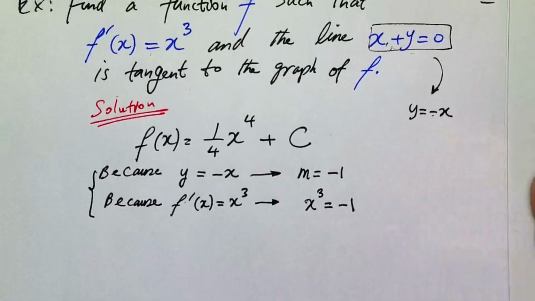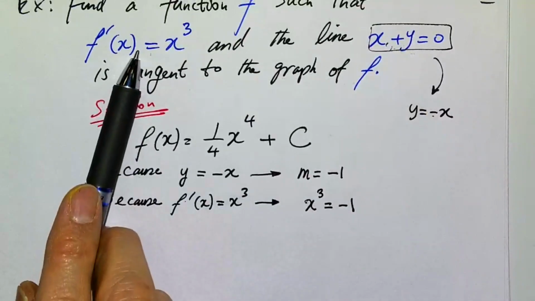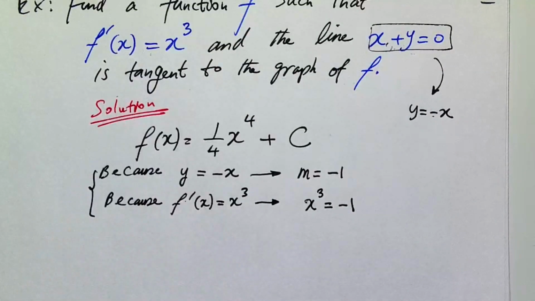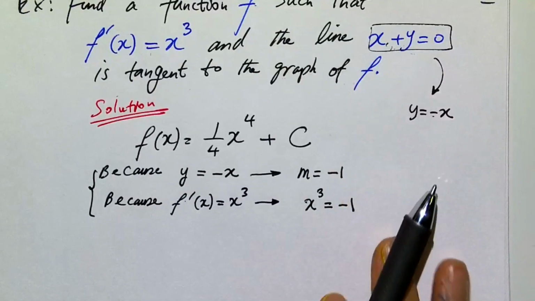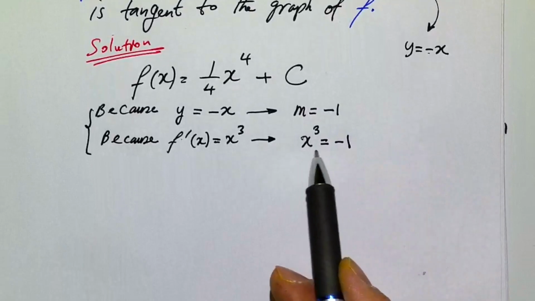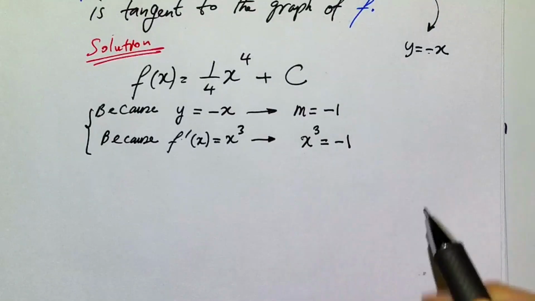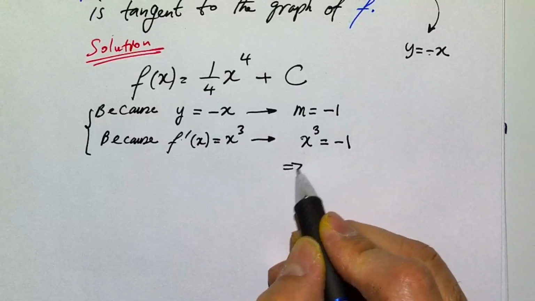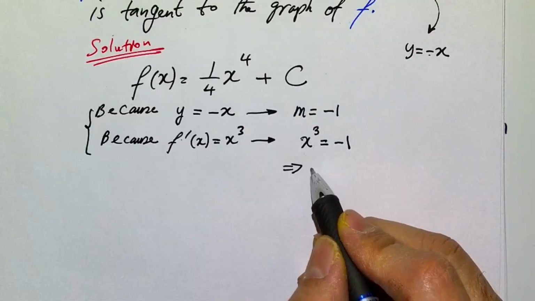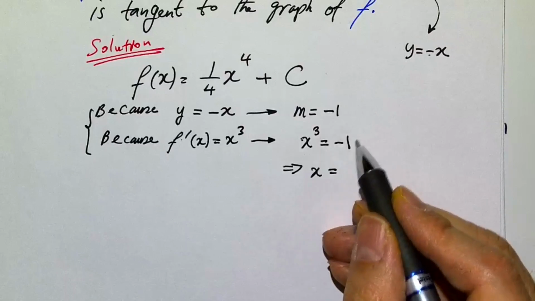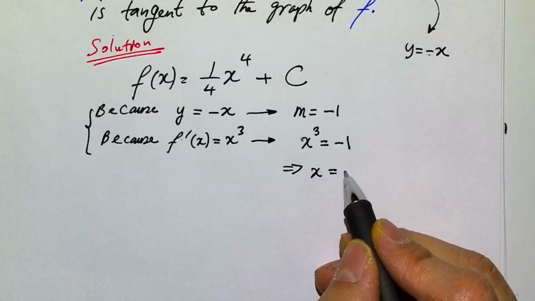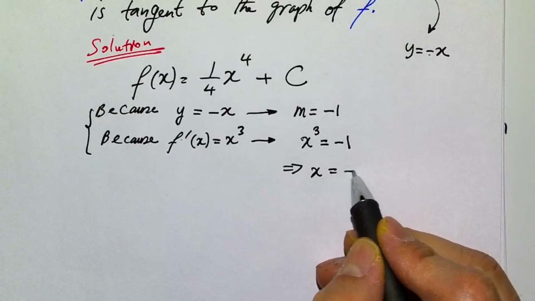At some point, this tangent line and that equation meet at some point on this curve. Okay, we know that. Okay, so let's solve for x using this equation. So therefore, we have x equaling, take the third root of both sides, we get x equals -1.